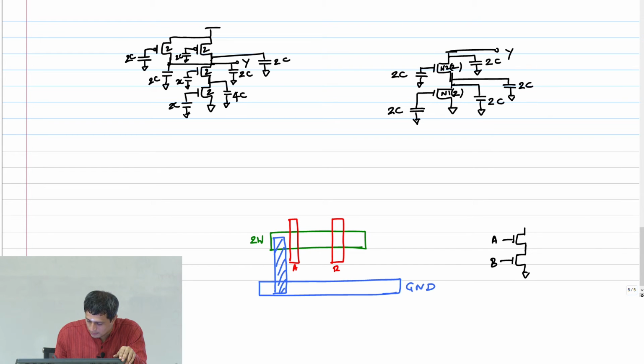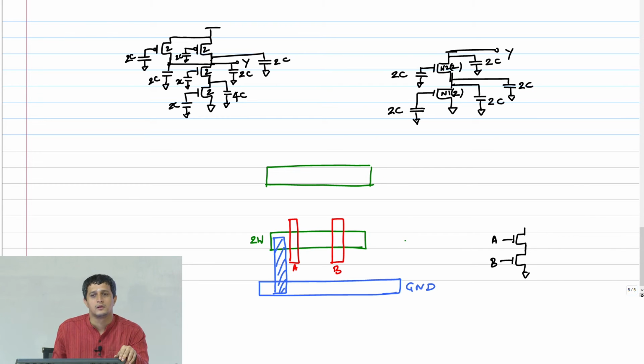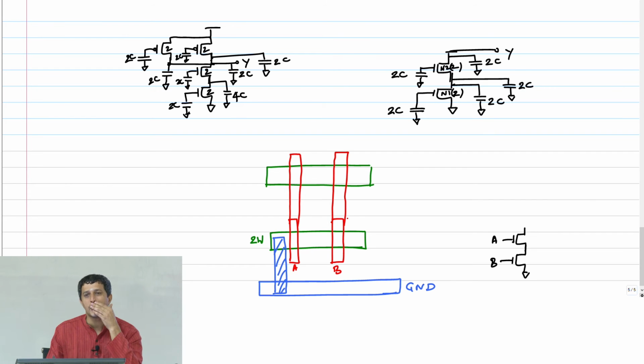A, B. Similarly, I have a PMOS, but now this PMOS is going to be in parallel, right? So I'm going to simply extend this gate all the way. And if you remember, it is not possible to bring these two transistors PMOS and NMOS very close because there is a well spacing problem, right?